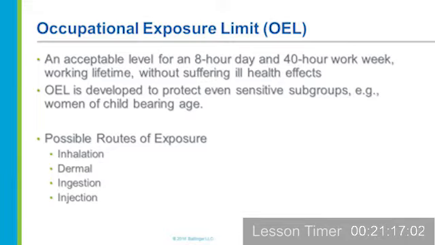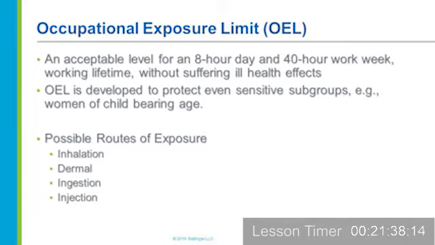And it's intended to be protective of even the most sensitive worker population, and in these cases we tend to assume that being women of childbearing age, or those that are pregnant or even trying to become pregnant. These OELs take into account all routes of exposure, such as inhalation, dermal exposure, ingestion, and even injection.